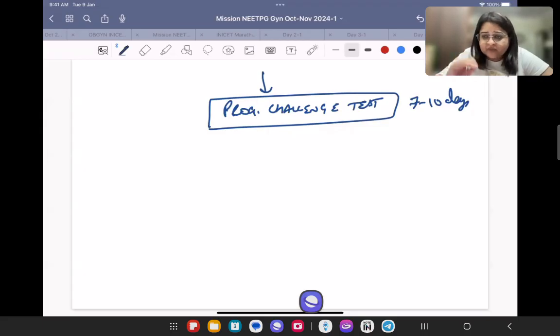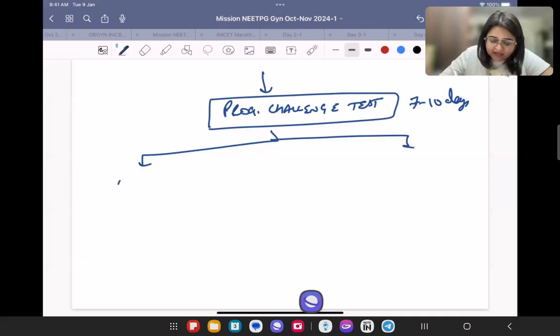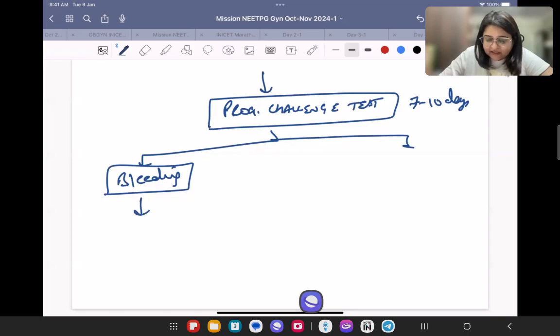She will get her period or she doesn't get her period, and then she comes back to us. So if she has bleeding with the progesterone challenge test, what does this mean? It means progesterone was deficient. The dose of progesterone is not important, the concept is important. If she bleeds with the progesterone, what does this mean?